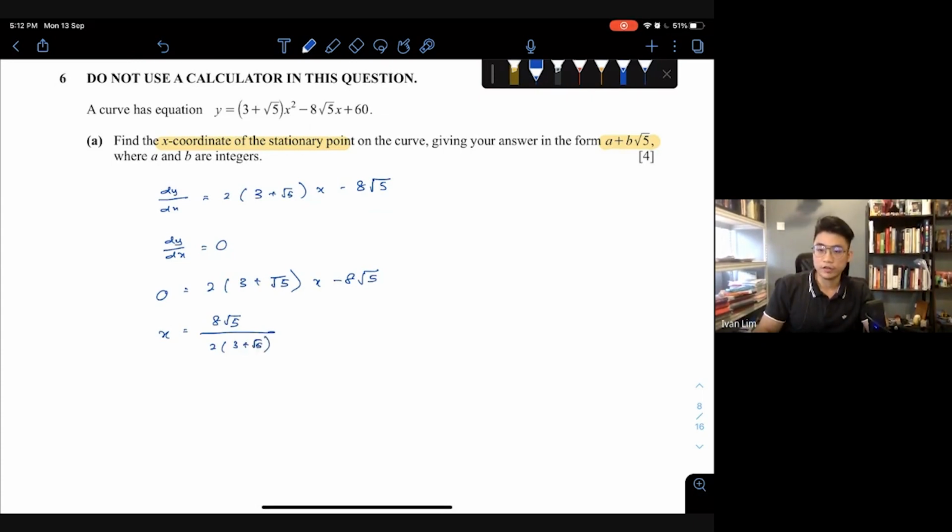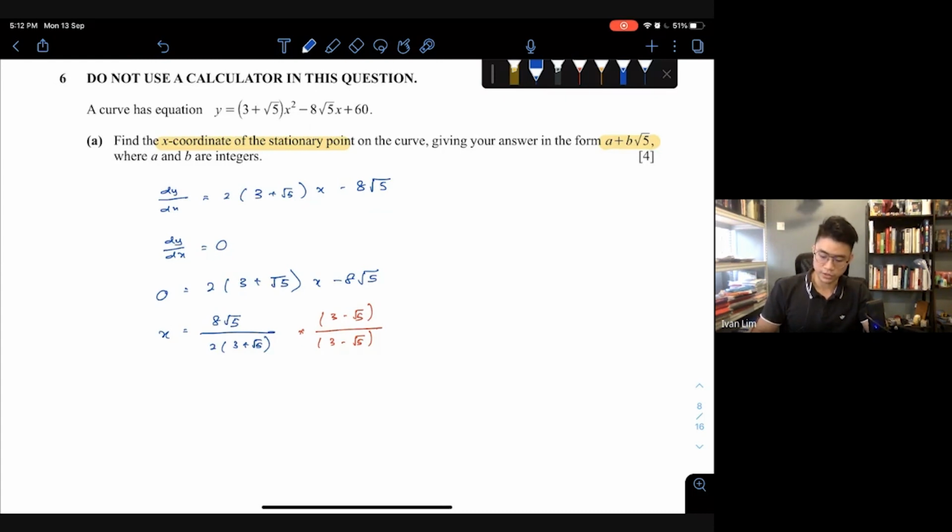Okay, we want it in that form, a plus b surd 5, so we have to rationalize. Rationalize bottom and top, we just multiply by 3 minus surd 5, which is the conjugate surd.